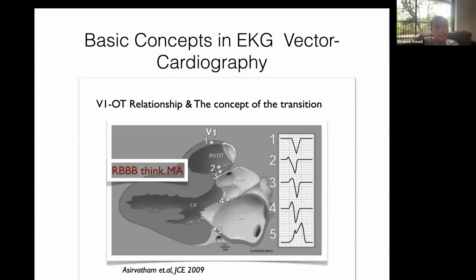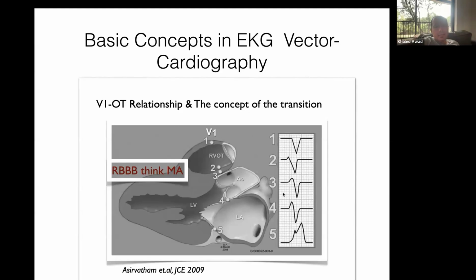V1 is most anterior; V2, 3, 4, 5, and 6 move posterior relative to the heart and lateral. And then the concept of the EKG transition, or the precordial transition, is very important.